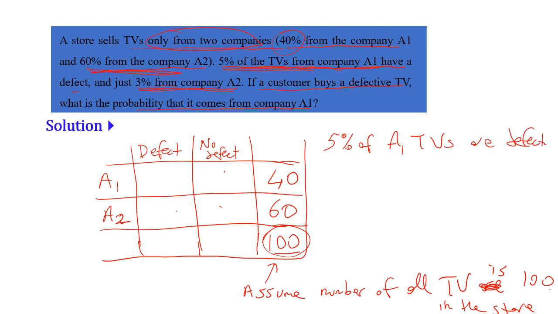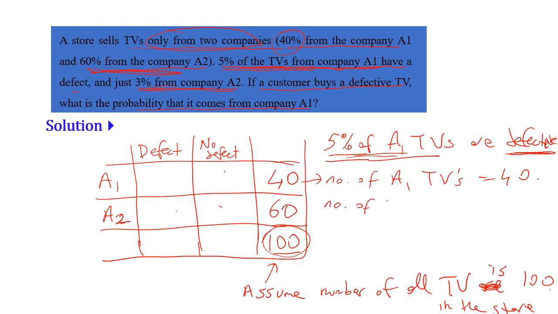The number of A1 TVs is 40, so the number of defective A1 TVs will be 40 times 5%, which is 2.